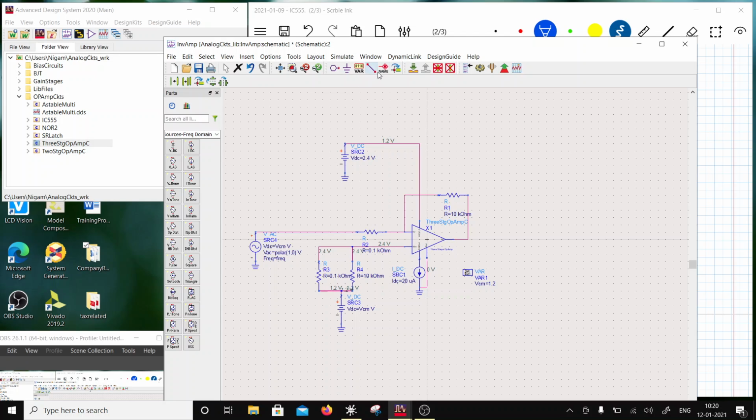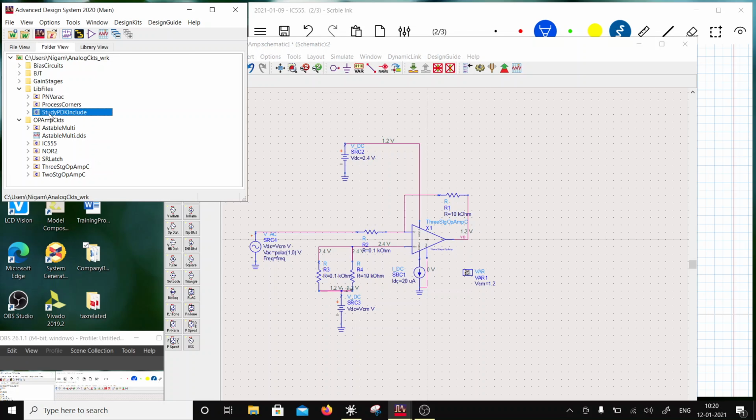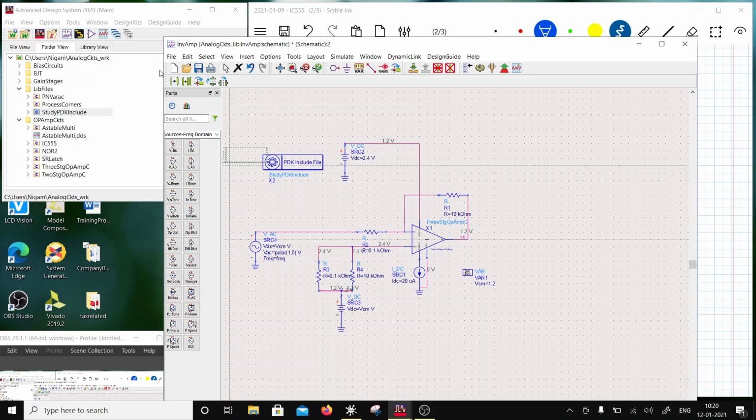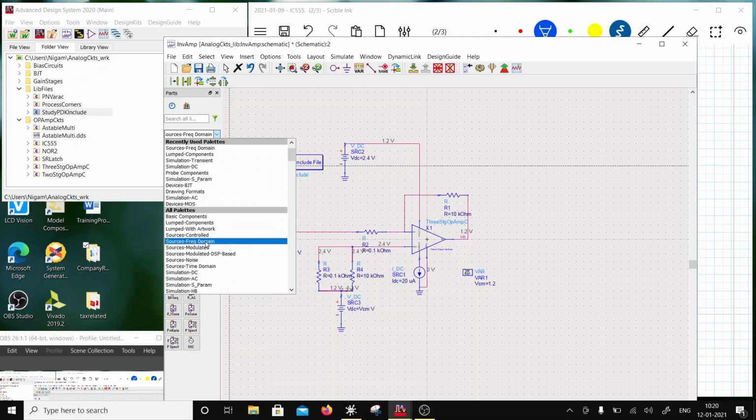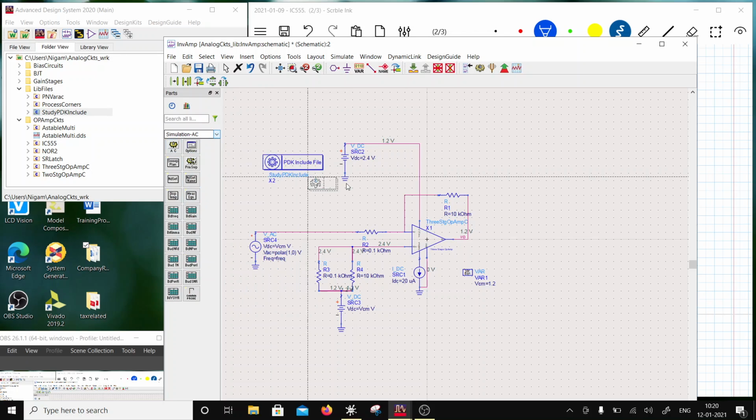Now I want to observe VO, which is over here, and we are all set. All we need is an include file, which is over here, and then I need to do a DC simulation on this. Sorry, AC simulation. Okay, and in this case I want to do a log sweep.